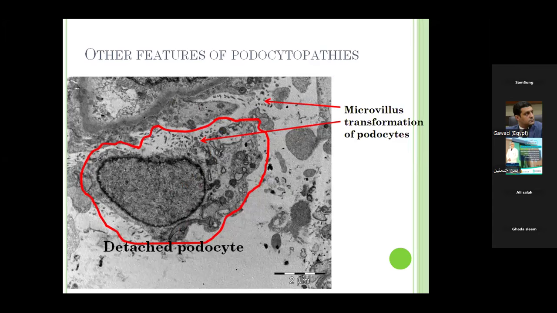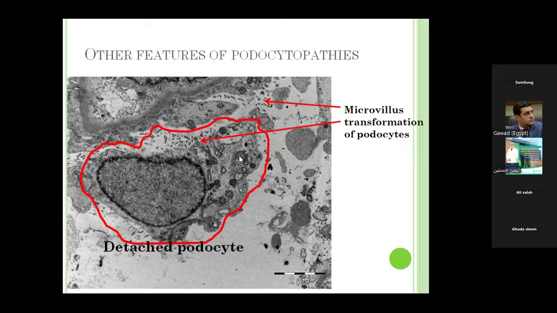Another feature of podocytopathies, but not a diagnostic feature, though commonly seen with any injury of podocytes, is loss or detachment of podocytes, which means that the podocyte here is totally not attached to the underlying glomerular basement membrane.